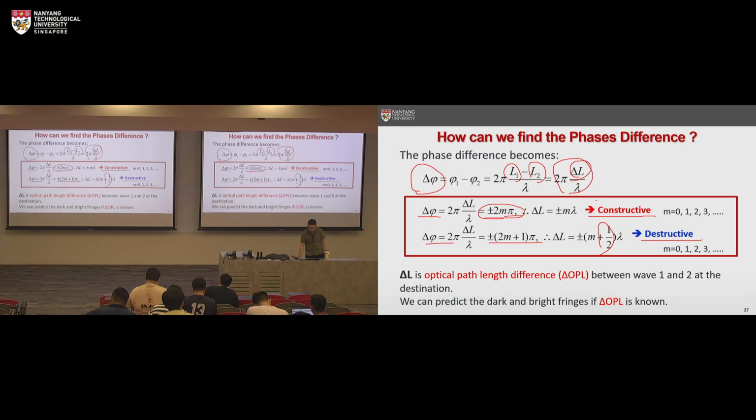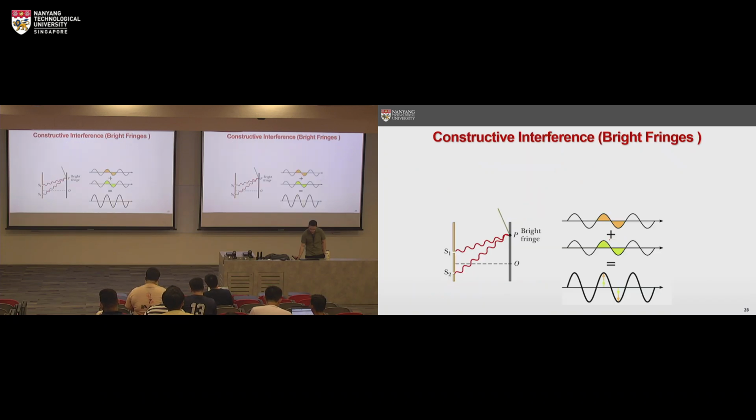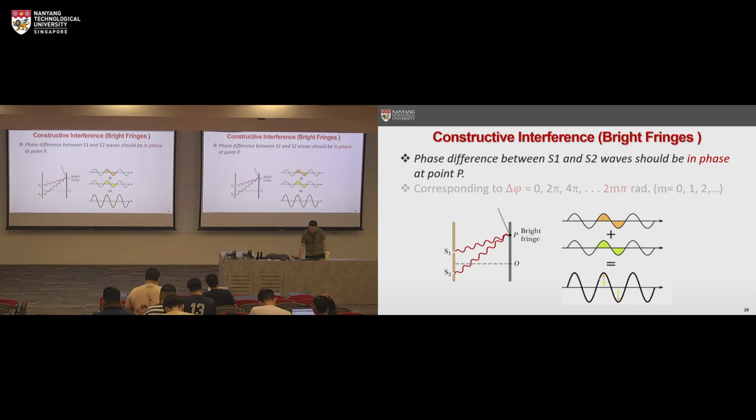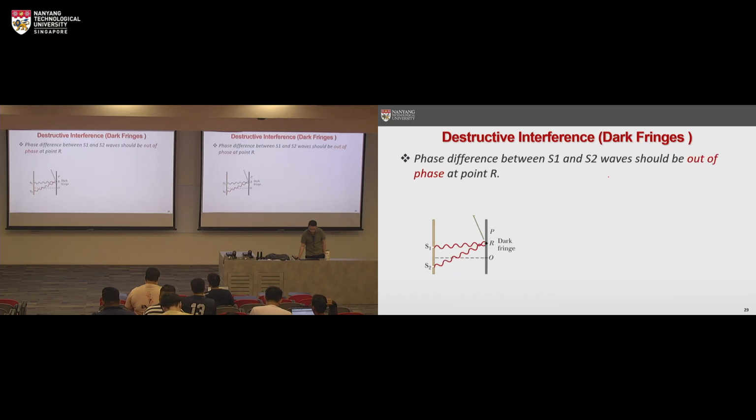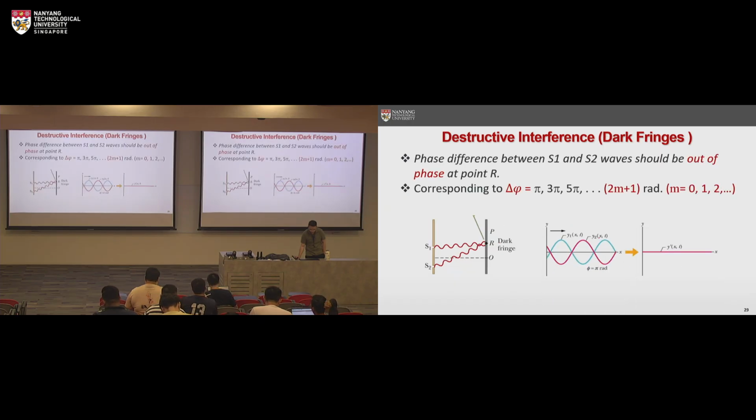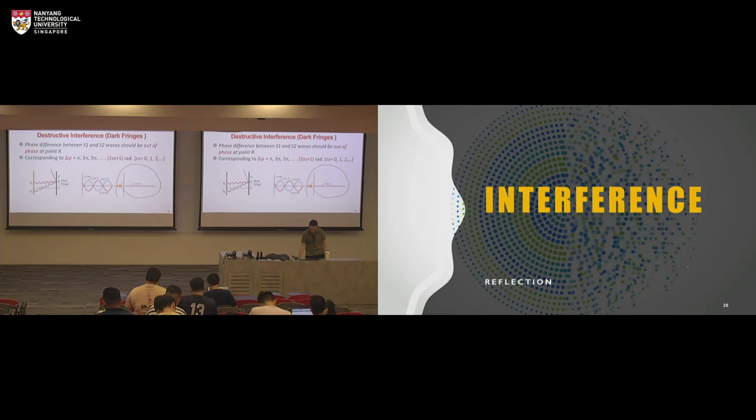In the end, we have two types of phase difference. One is constructive, the other one is destructive. Constructive means that you will get a double effect, which is a brighter fringe. If it's destructive, it means that it will become darker. So what you get is 0, which is they cancel out each other.